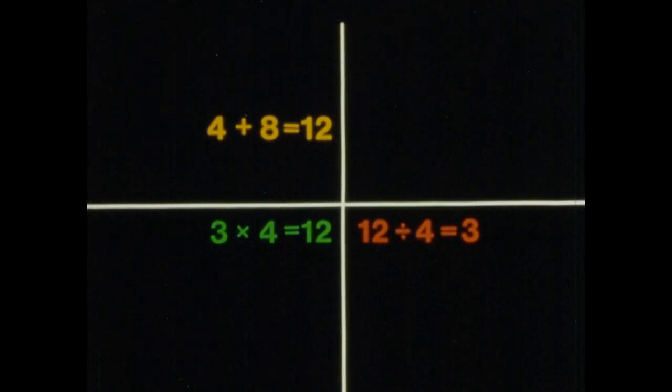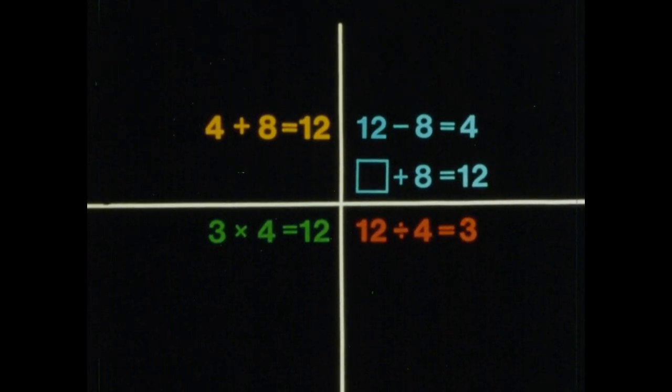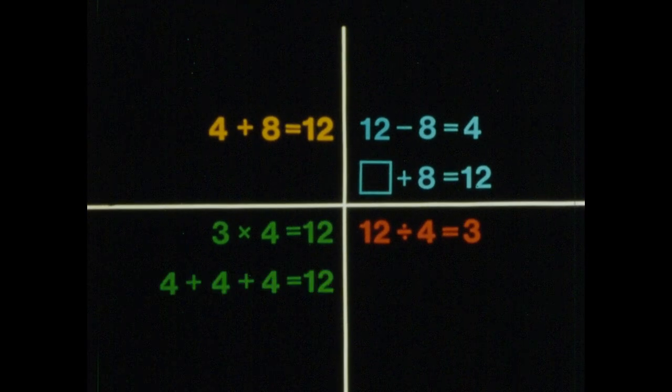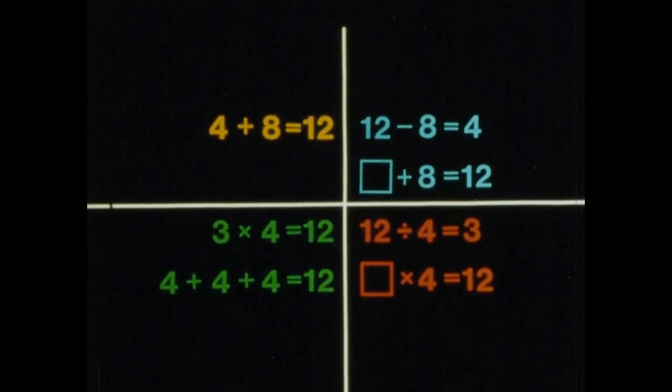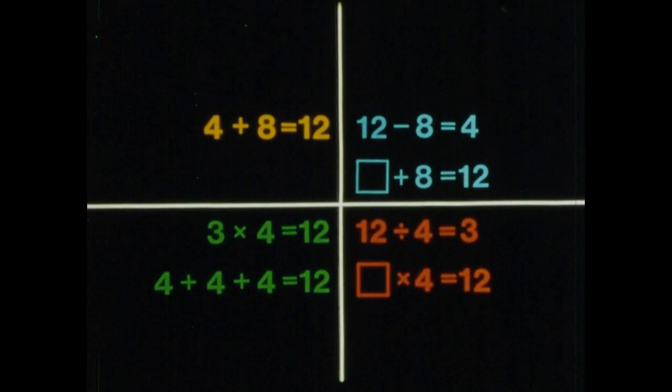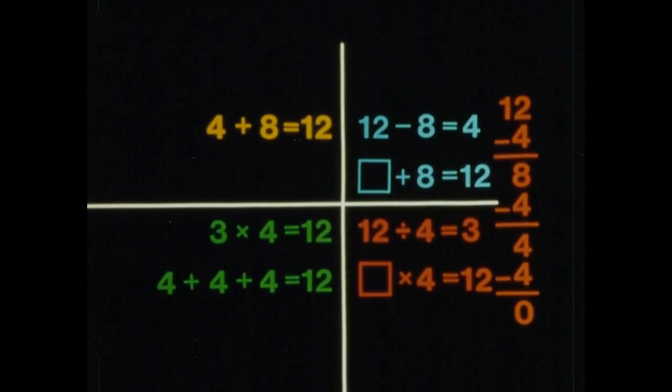We know that subtraction is the reverse of addition, and that multiplication of whole numbers can be thought of as repeated addition of the same number. Today, we found that division is the reverse of multiplication, and that division of whole numbers can also be thought of as repeated subtraction of the same number.